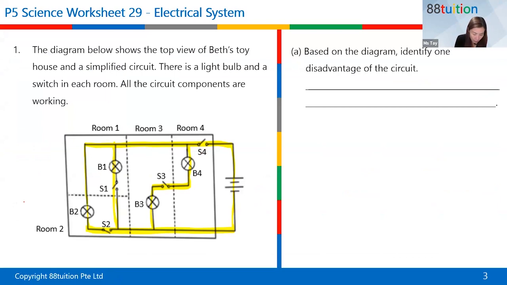Let me show you, okay? If I were to draw like this, so this is B2, correct? So this is S2. And then I have S1 here.